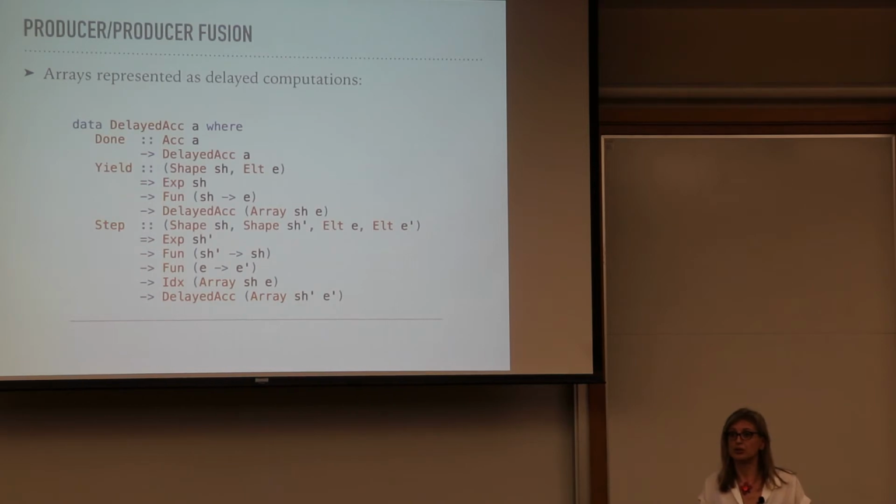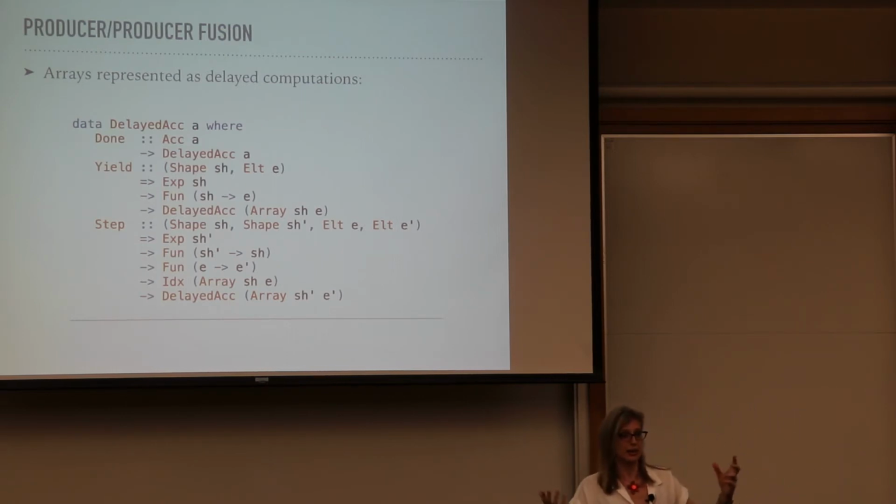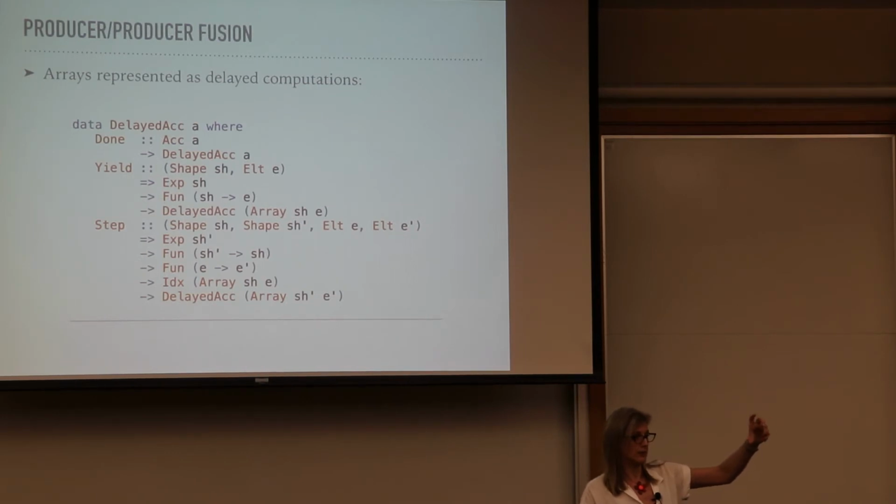Or it could be a function which just creates it from the shape and doesn't ever look at an existing array. So for example, if you create an array where everything has an element 10, right? You don't need an input array to create that. That would be represented with yield.